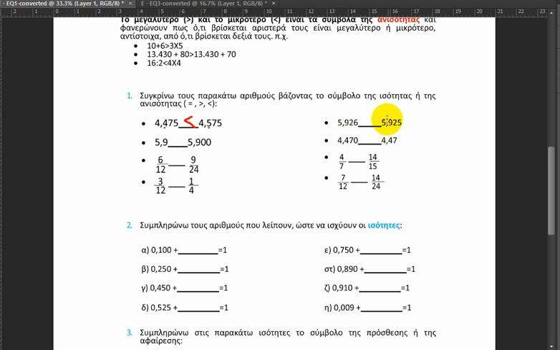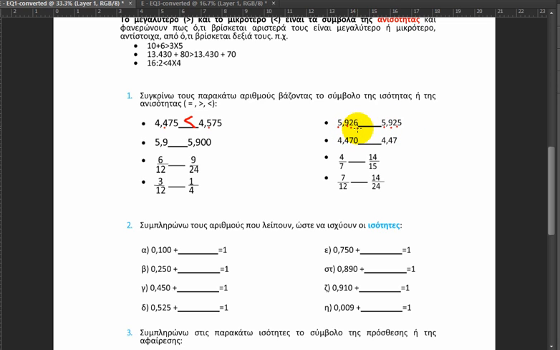Here, again, the integral parts are the same. So 5 is the same as 5. Then I compare the first digits to the right. 9 is the same as 9. 2 is the same as 2.